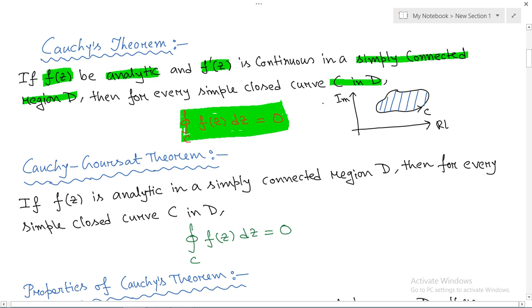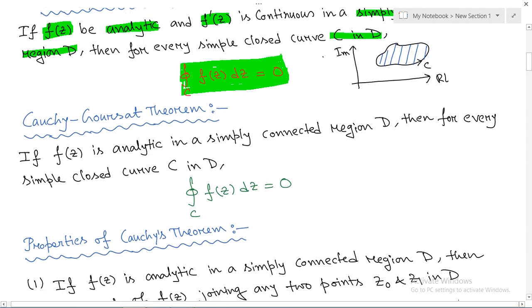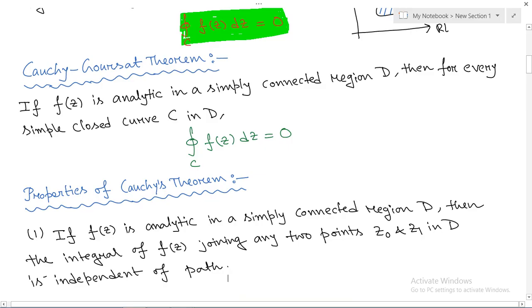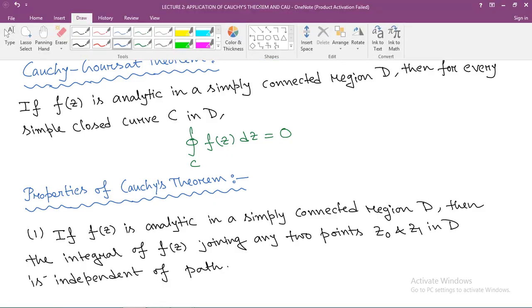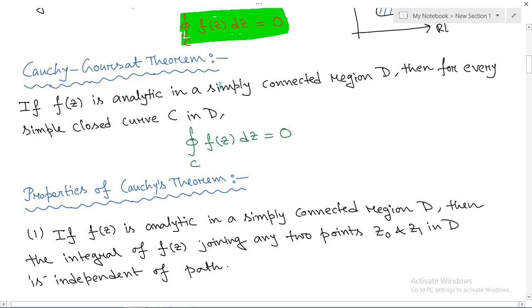Now there is another theorem, a slightly simplified version of Cauchy's theorem, known as the Cauchy-Goursat theorem. It says that if we have an analytic function f of z that is analytic over a simply connected region D, then for every simple closed curve C in D, the integration of f z dz over this closed curve is going to be 0.